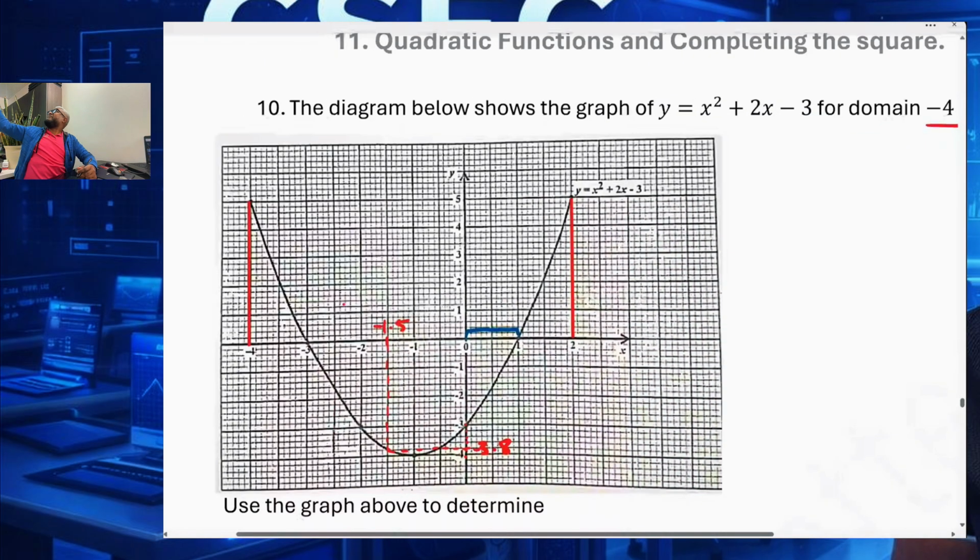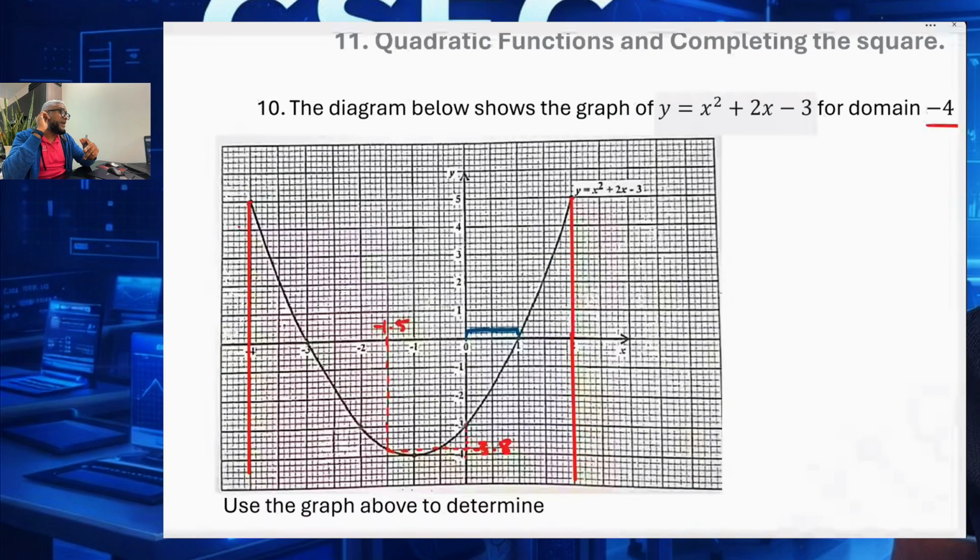I could even extend this line coming straight down. Are there any x values lined up with anything else on that curve? All my x values are in between these two coordinates, which would be negative 4 and 2. I have no x values outside of that. My curve did not go beyond this point here.